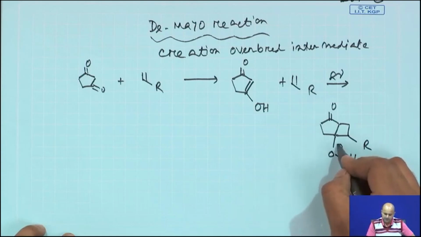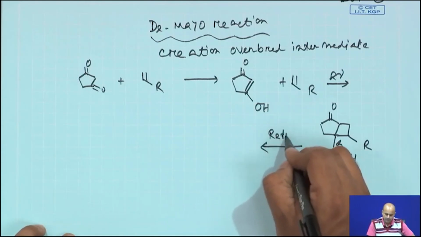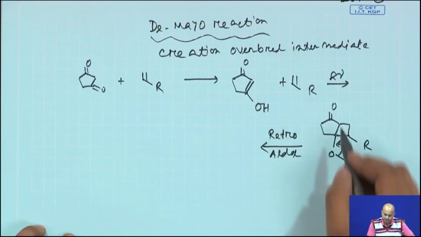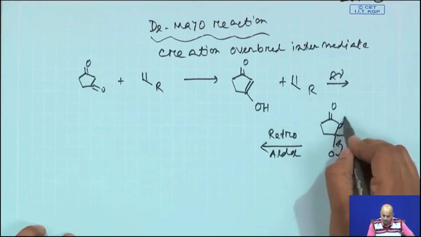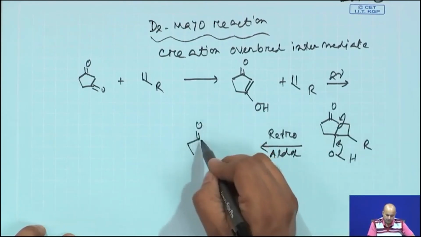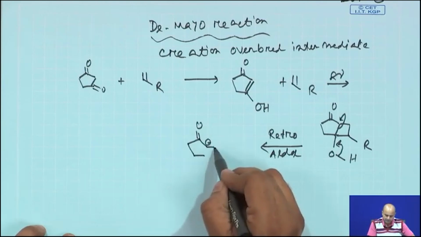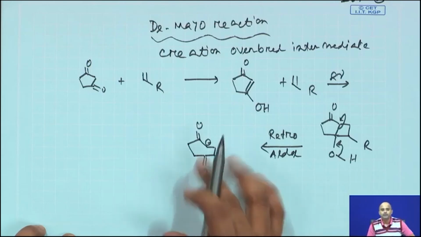Now this overbred intermediate will tend to open up through a retro-aldol pathway. It will only open up in this way because that gives the stable carbanion, a negative charge here, and the C=O double bond. The newly created ring is a 7-membered ring.